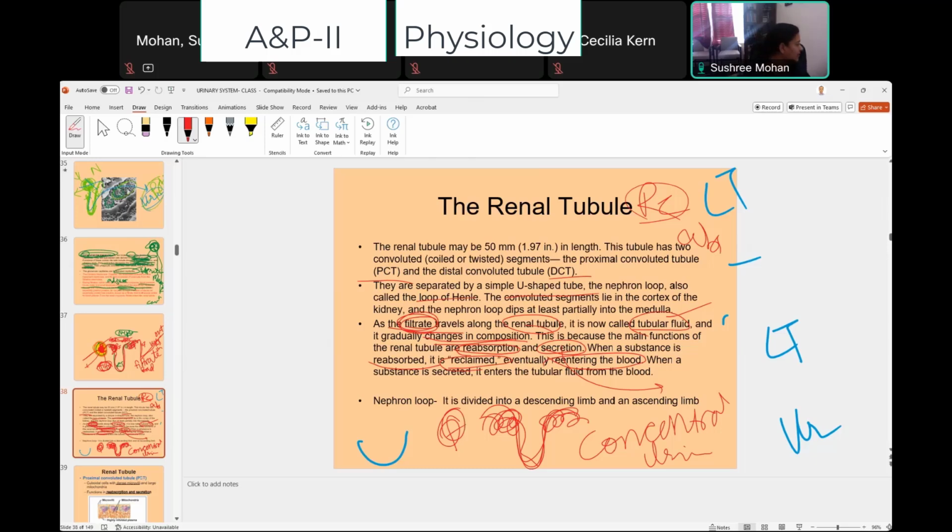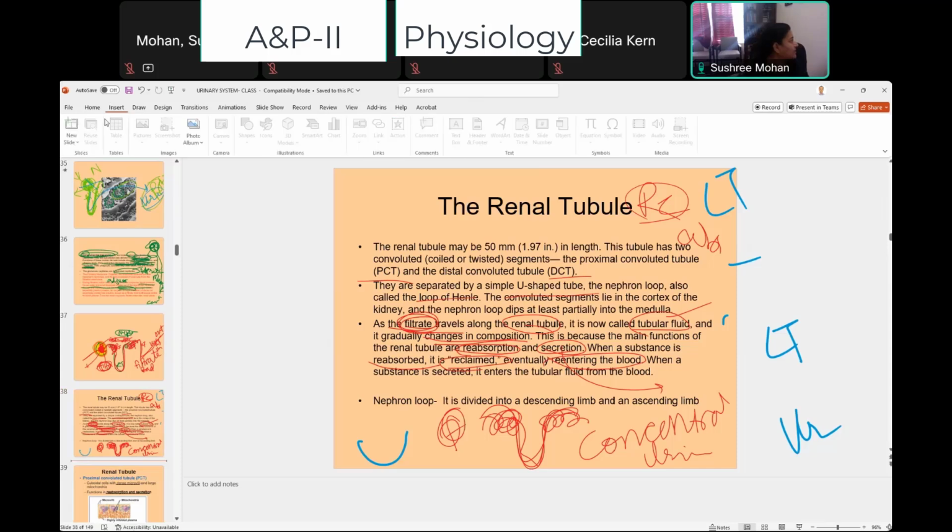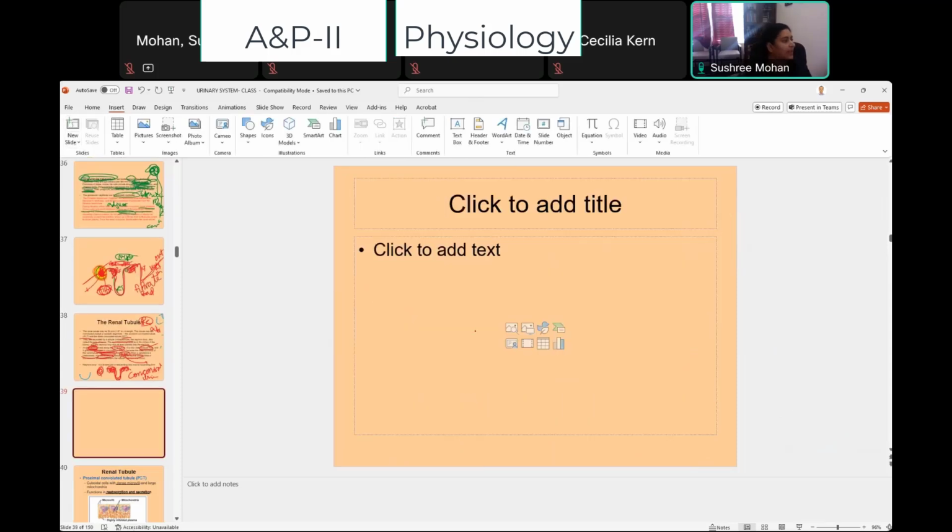Okay, I want to add a slide over here and explain what I'm trying to tell so that there is absolute clarity. The nephron is going to do three things: filtration, reabsorption, and secretion.